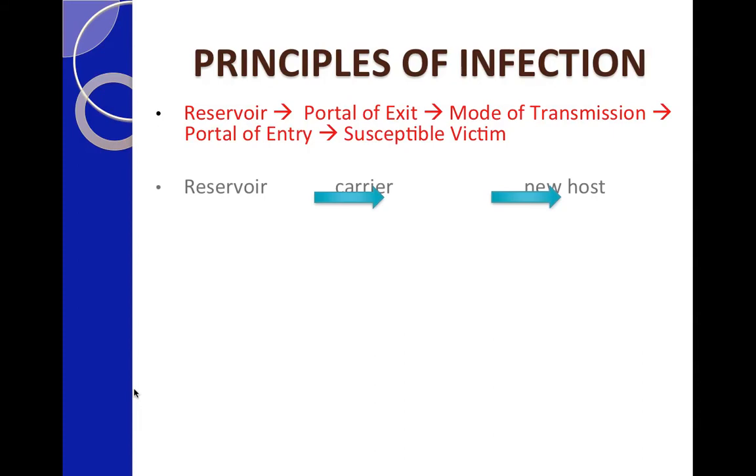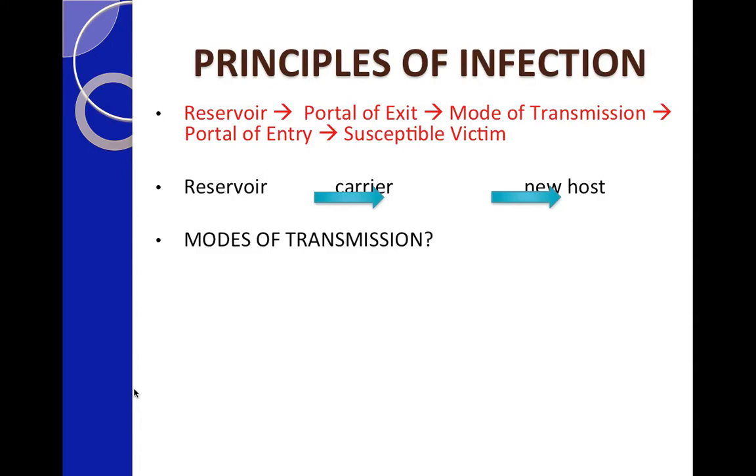So the whole reservoir, carrier, new host. This is not completely centered the way I wanted it to, but it goes from its original site. It's carried either through a vector, or it can be carried through another individual, and then it ends up in a new host.